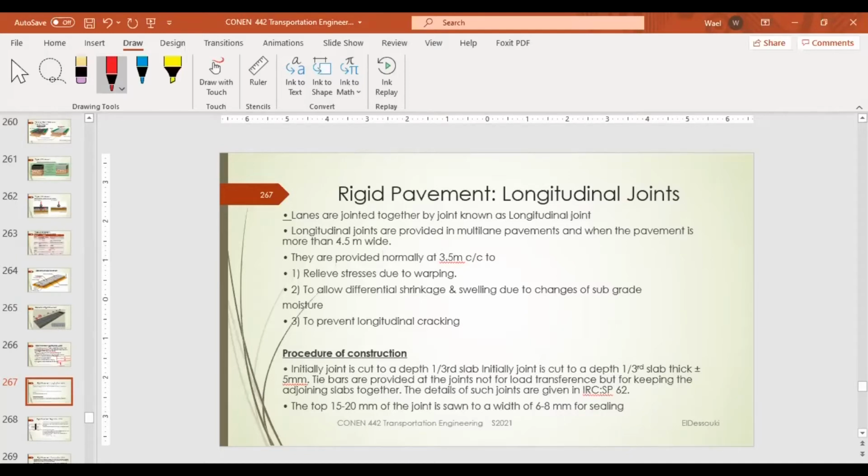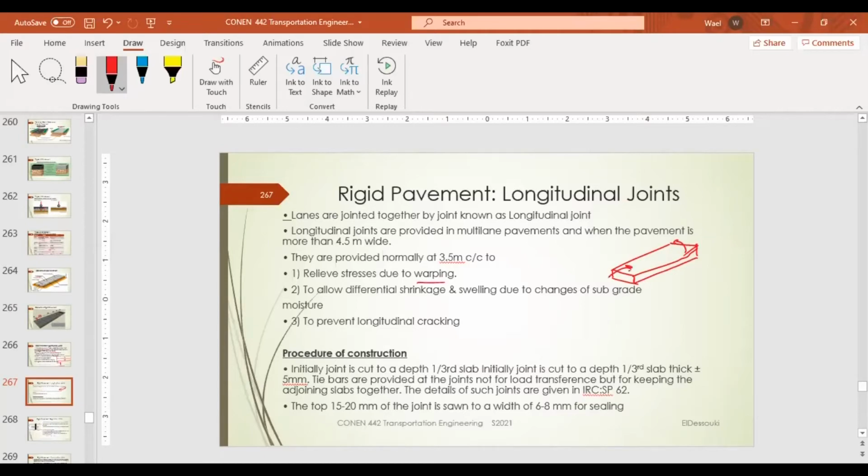The purpose of longitudinal joints is to relieve stress due to warping. Warping is basically, if you have a surface like this, the soil underneath it is not equal in strength. So there is a potential that one will rotate differently than the other.